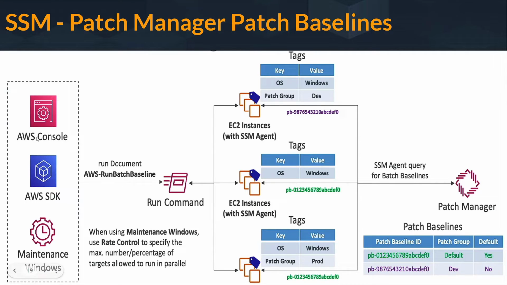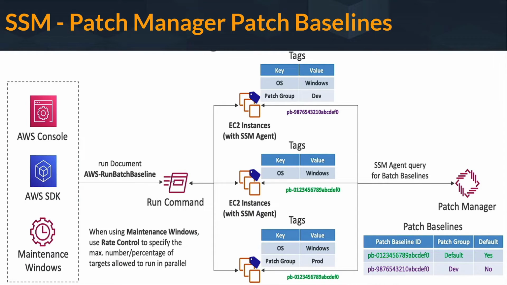In maintenance windows, you set the timing to run that document. We have already discussed Run Command and documents, and here you have enabled Run Command, so it will be automated and generate a run command.